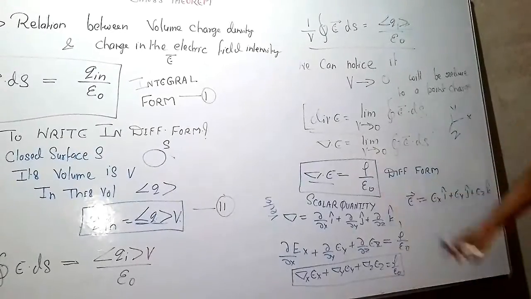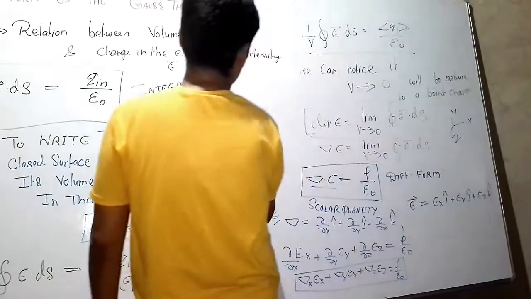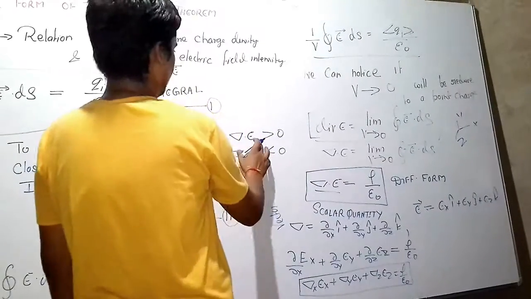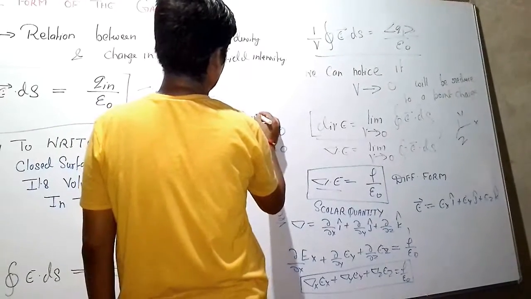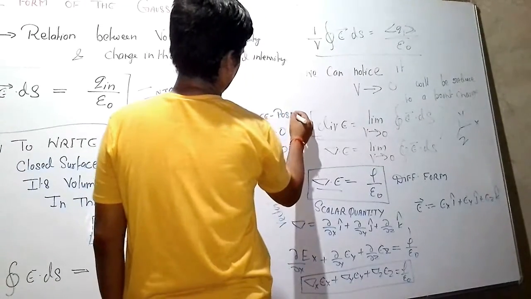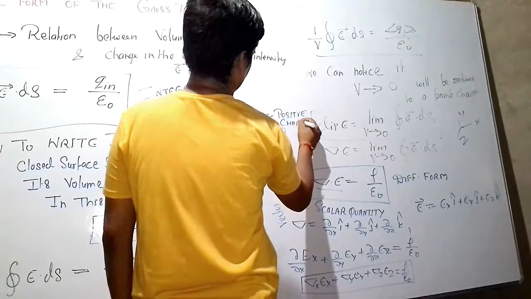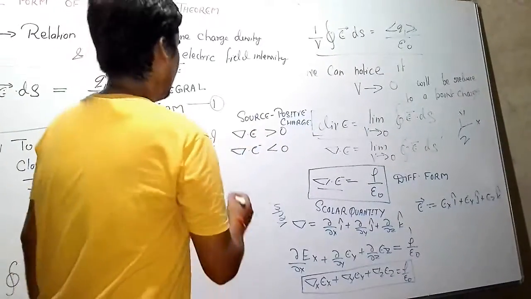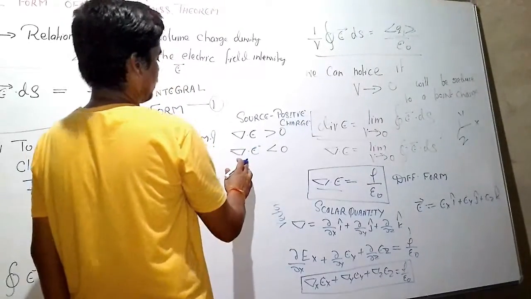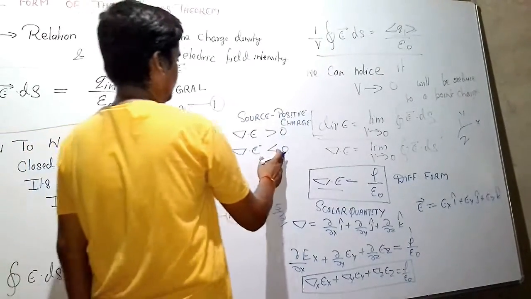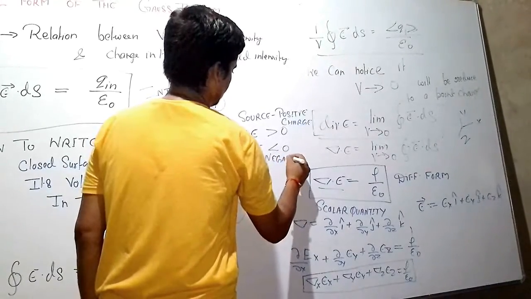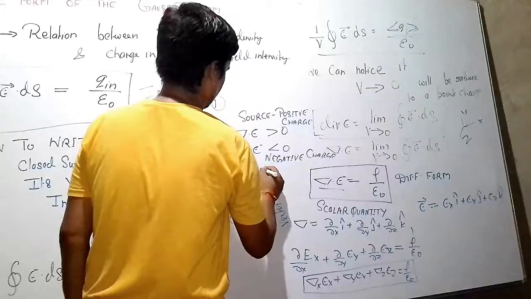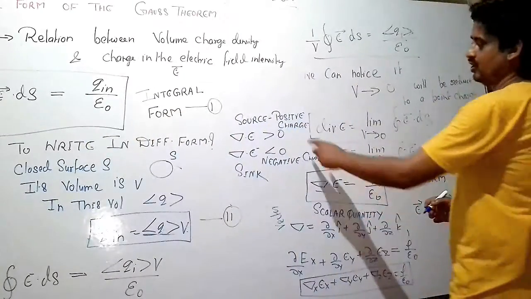So del dot E, the divergence of E, is equal to the charge density divided by epsilon naught. Sometimes the divergence of E is either positive or negative. In the case of a positive charge, the divergence of the electric field intensity is always greater than 0, and this is called a source.